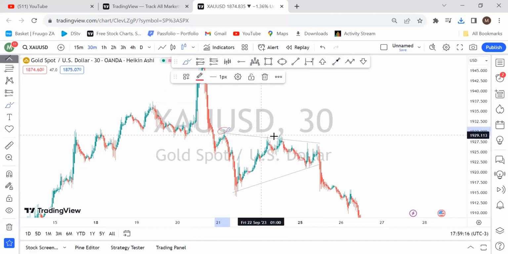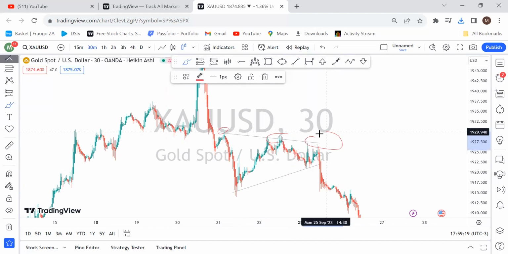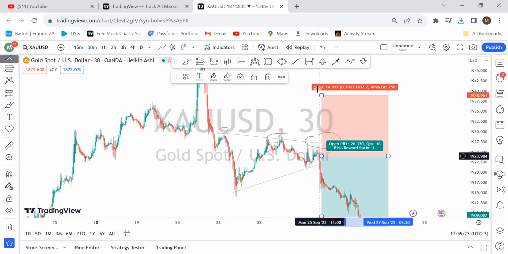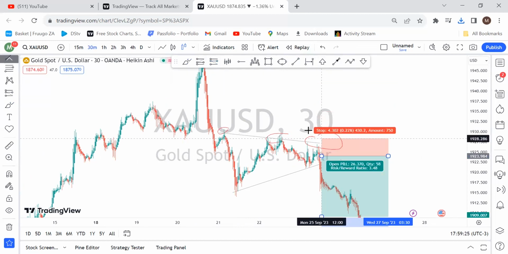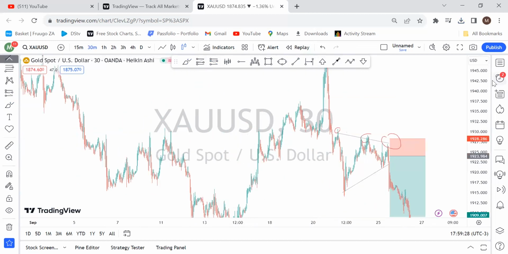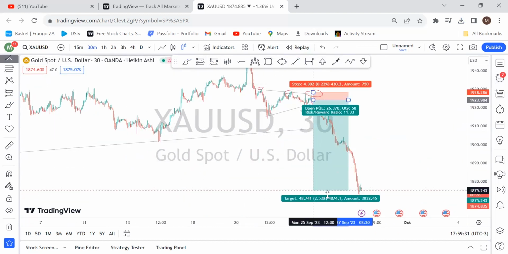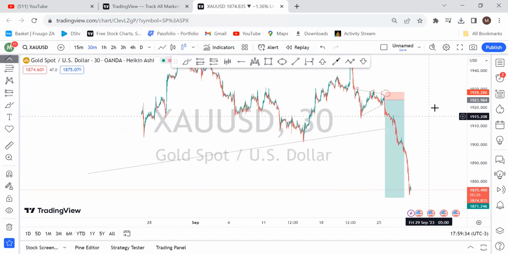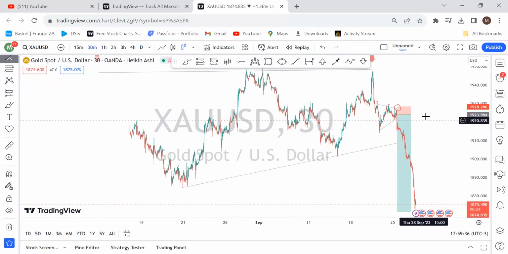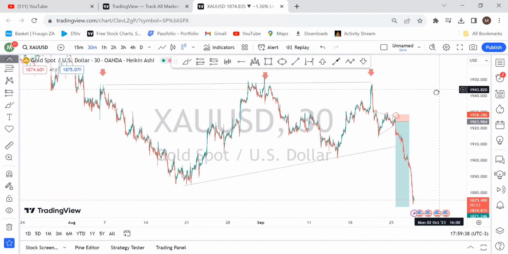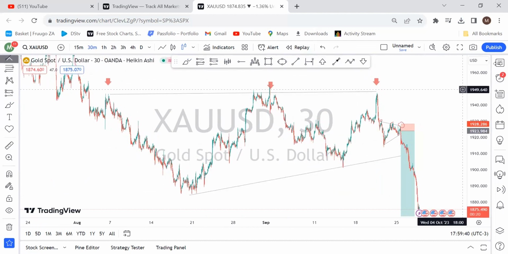We have 1, 2, 3, right? Third touch being the highest probability, so you could have sold right there. And what happened? The price just took off. I won't lie, the price just took off. So this is the setup with gold.